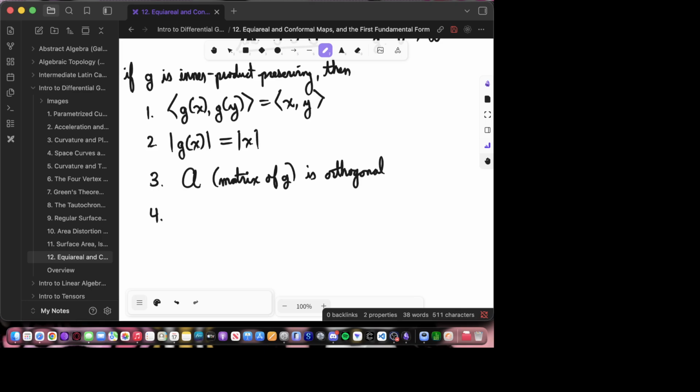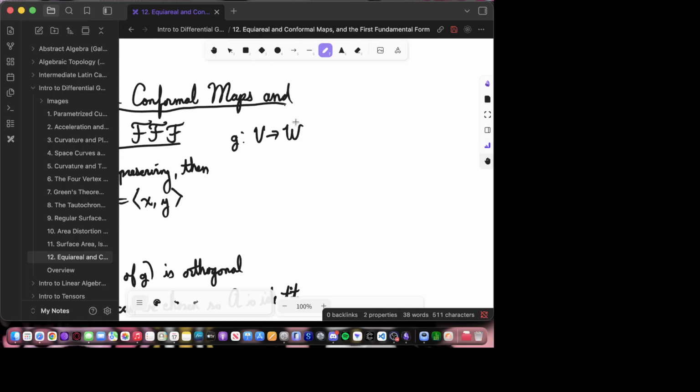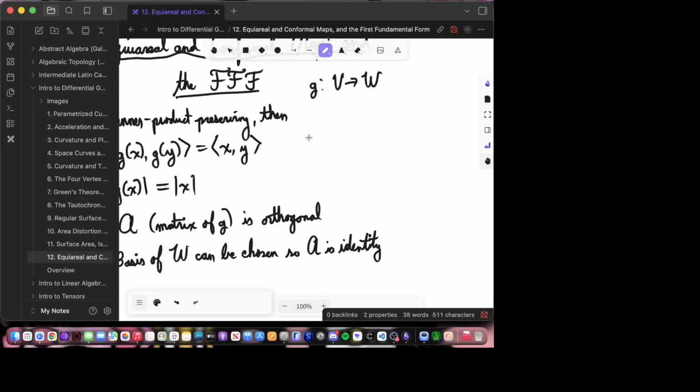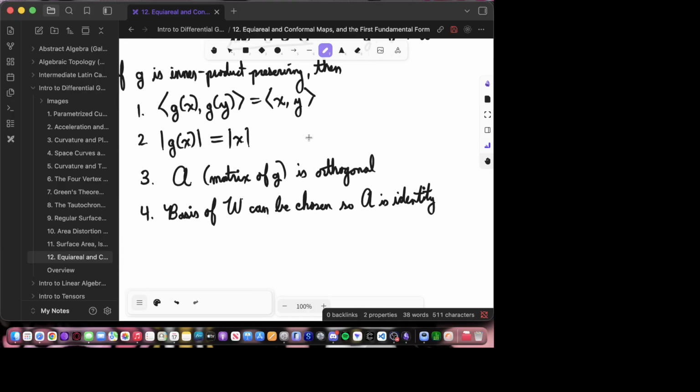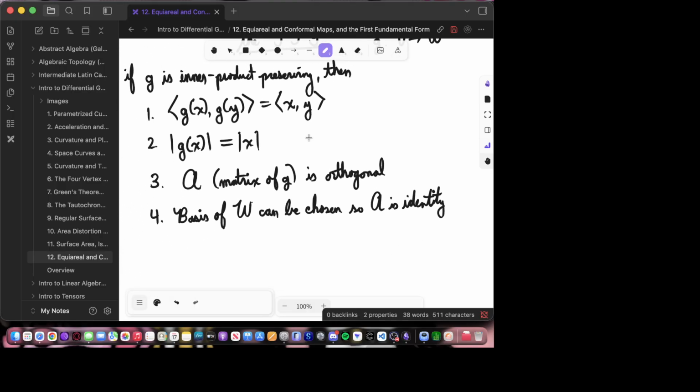And furthermore, the basis of W, the range vector space, can be chosen in such a way such that A is the identity matrix.